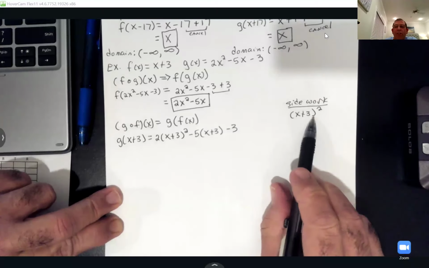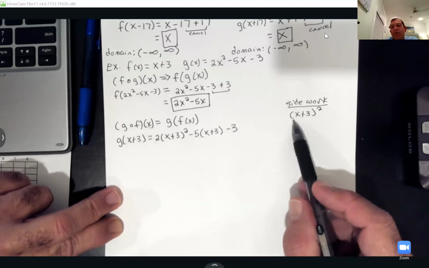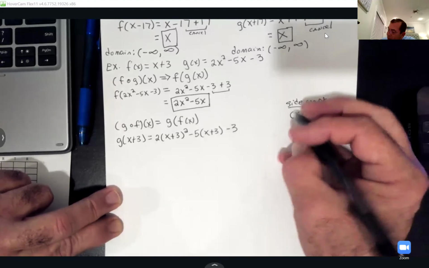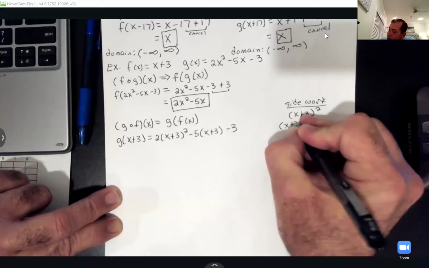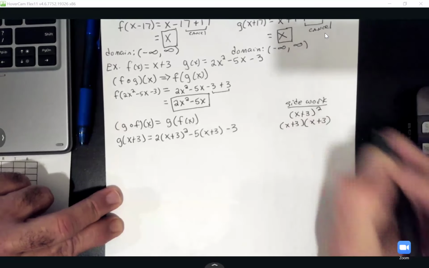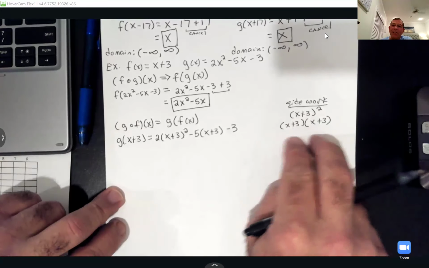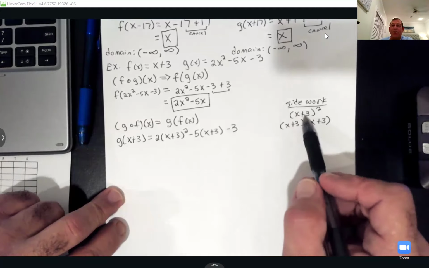Now, x squared plus 9 ain't all of it. When y'all see something like this, x plus 3 squared, remember, that means the x plus 3 times x plus 3. So see, we're missing a little bit if we just square the x and the 3.